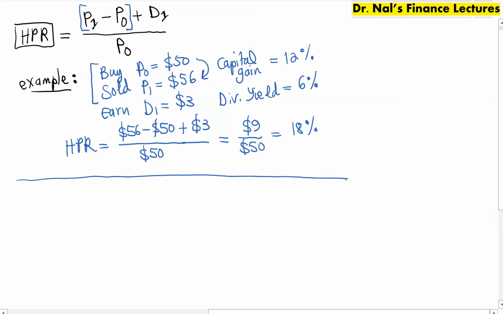This time our asset has the following features. We want to calculate the expected rate of return on an asset which is currently selling at $80 today, and a year later one of three scenarios will hold. Let's put an arrow.